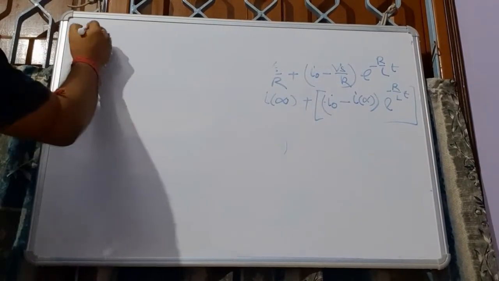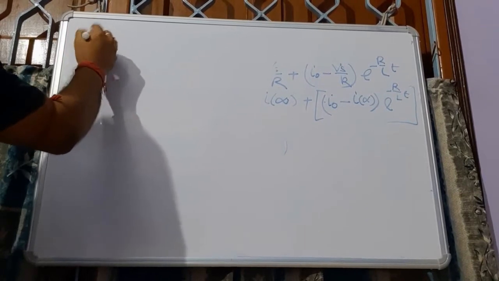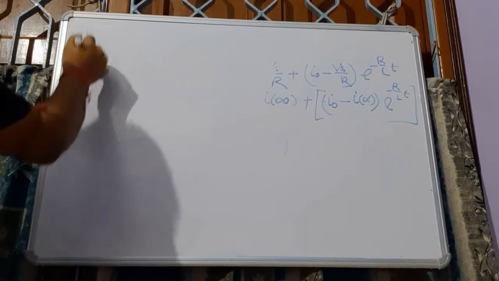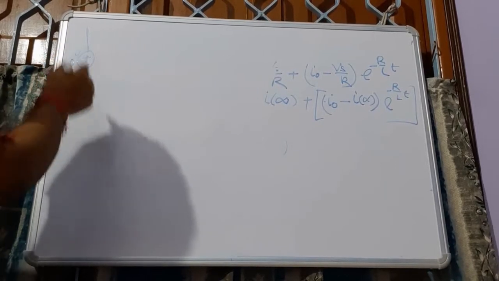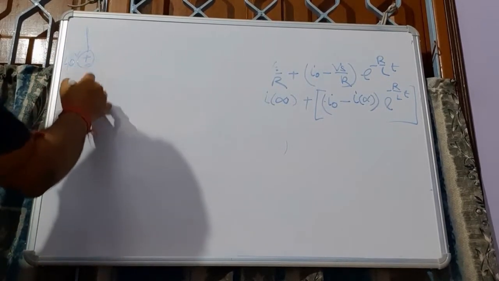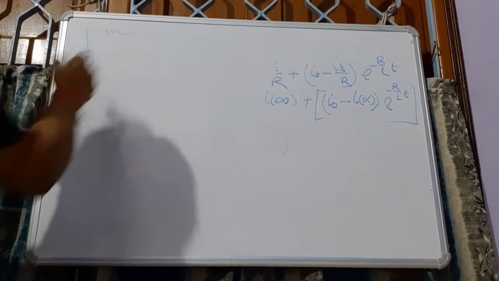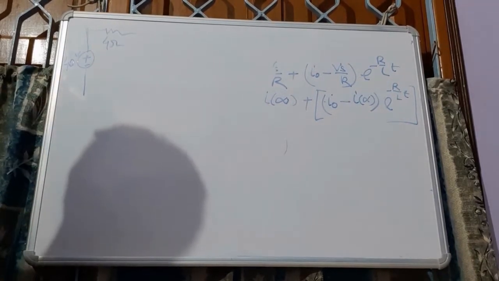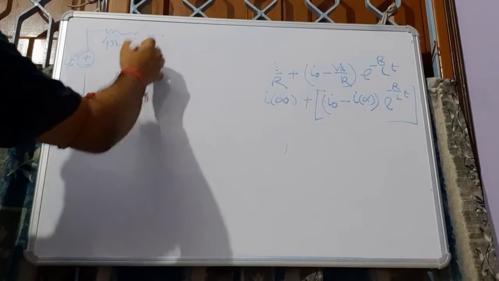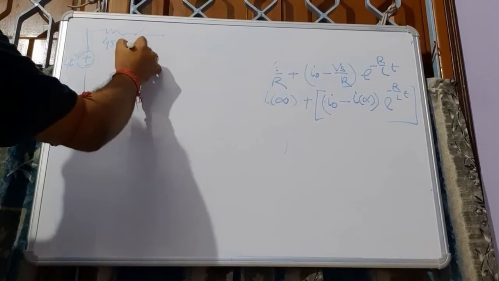Suppose a voltage source, say 40 volt, right. Now there is a resistor of 4 ohm and there is a switch, and switch is closed at t equals to 0, right.